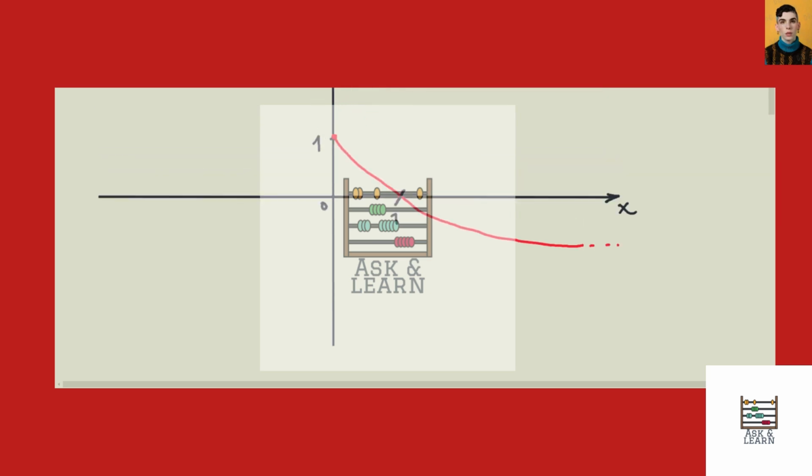So we can write all these observations here. f has an absolute maximum value 1, which occurs at x equals 0.